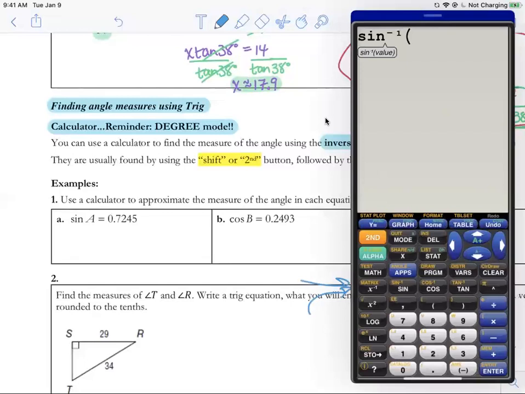That means you hit the second function button and then sine. On some scientific calculators, there might be a menu where you have to scroll through sine, cosine, tangent, and then you'll come to sine -1 and cosine -1 and tangent -1. So it just depends on your calculator how you choose that, but sine -1 is what you're looking for.